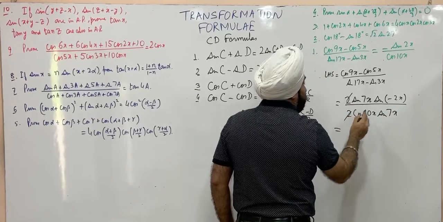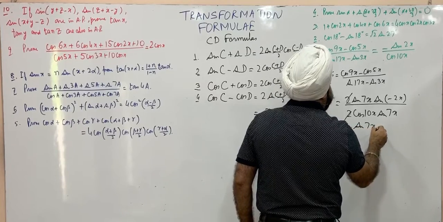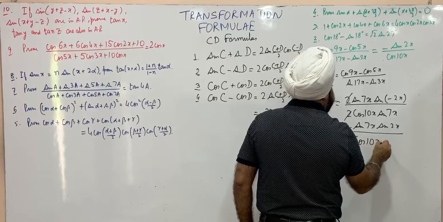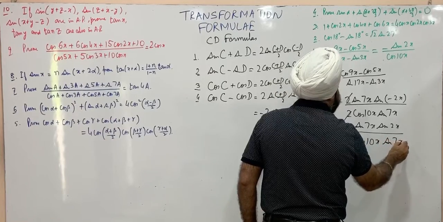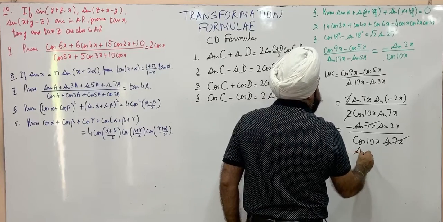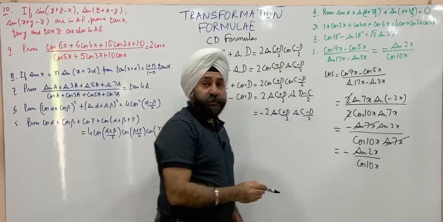So 2 will cancel out. Sin of minus theta is minus sin theta. This is sin of 2x, then cos of 10x into sin of 7x. So sin of 7x will cancel out. This is minus sin 2x upon cos of 10x. This is what we wanted to prove.